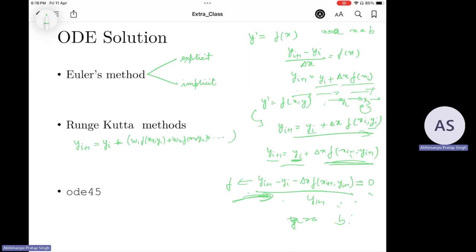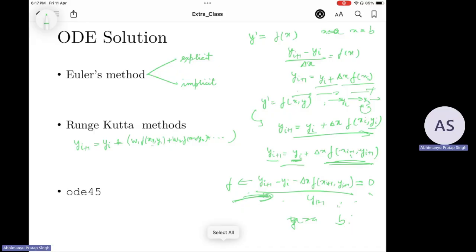And how we choose this x1, y1 and this w1, w2 depends on the family of Runge-Kutta method. So if it's an RK2 method, then, yeah, you can go through the lectures.